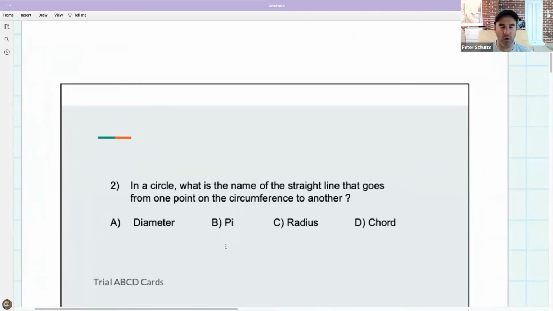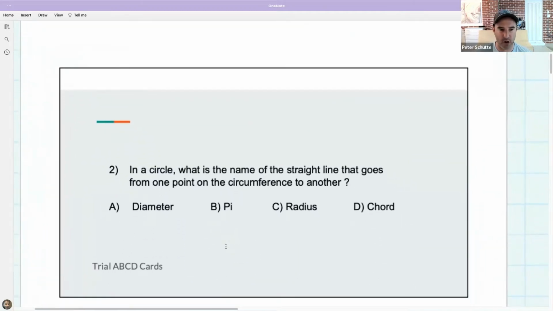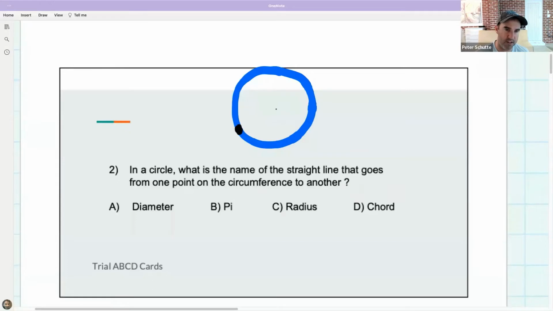In a circle, what is the name of a straight line that goes from one point on the circumference to another? It's a little bit harder. So maybe I could say, here's a point on the circumference, here's my center, and the line goes from one point to another point on the circumference.